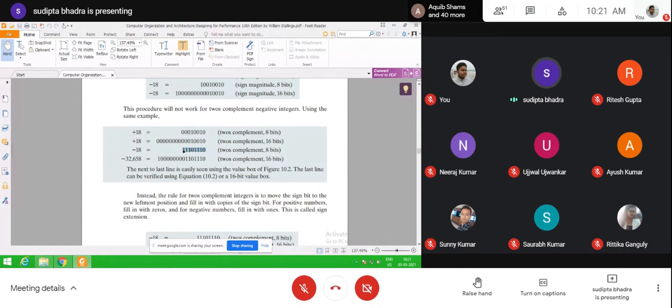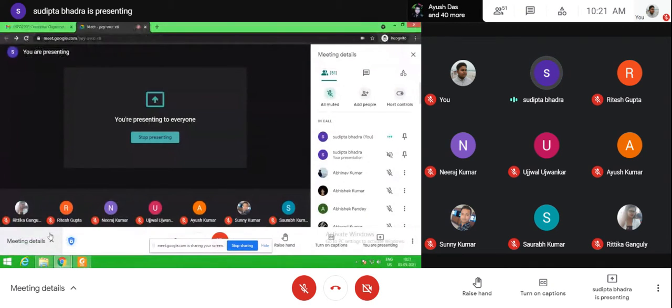Now minus 128 plus 110 means minus 18. Now when you put this number in a 16 bit word, then there will be a particular problem.